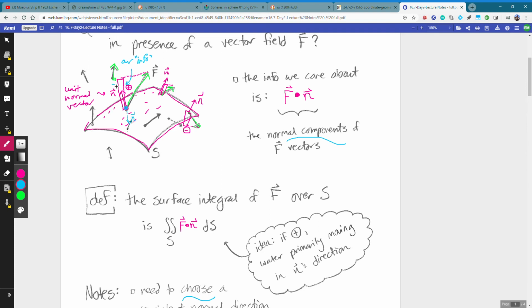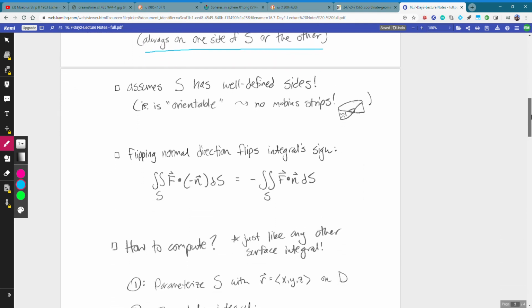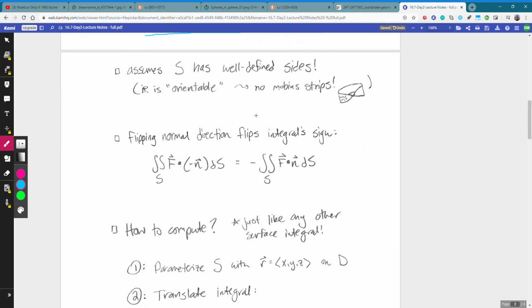So the same red box would be counted negatively if we chose the opposite normal direction. And that would be true at each and every point. Everything just flips, and because of that, if you choose the opposite normal direction, you get what you would have gotten, but negated.